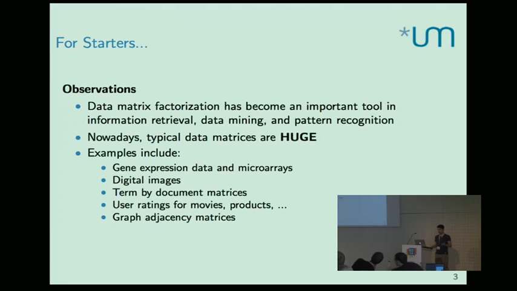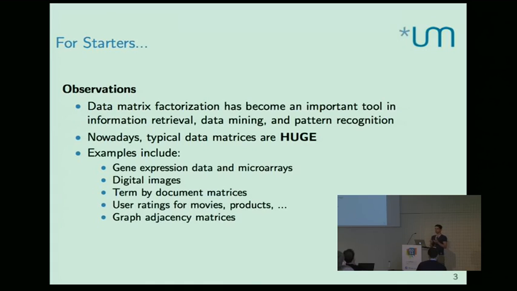So first of all, an observation. Data matrix factorization has become a super important tool in many different fields. You can see a lot of examples of this over the last few years. For example, when you have a look at the ratings of movies, there they usually have a matrix in which each row is, for example, a movie, and each column is a user and their ratings. If you think about that matrix, it's a huge matrix, and by itself you can't really make that much use of it.